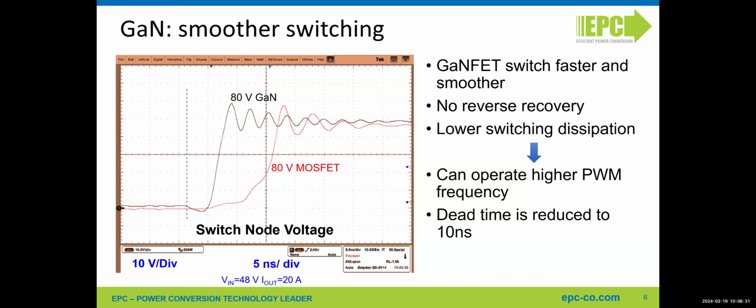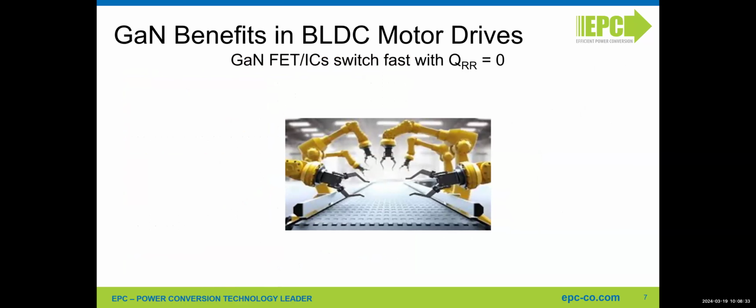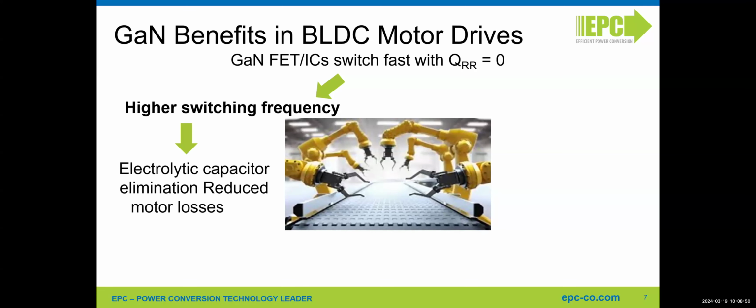So then looking at the benefit, we say, okay, the gallium nitride transistors and the gallium nitride integrated circuits can switch fast and smoother with zero reverse recovery current. So that means we can increase the frequency, but what is it that we get by increasing the frequency?